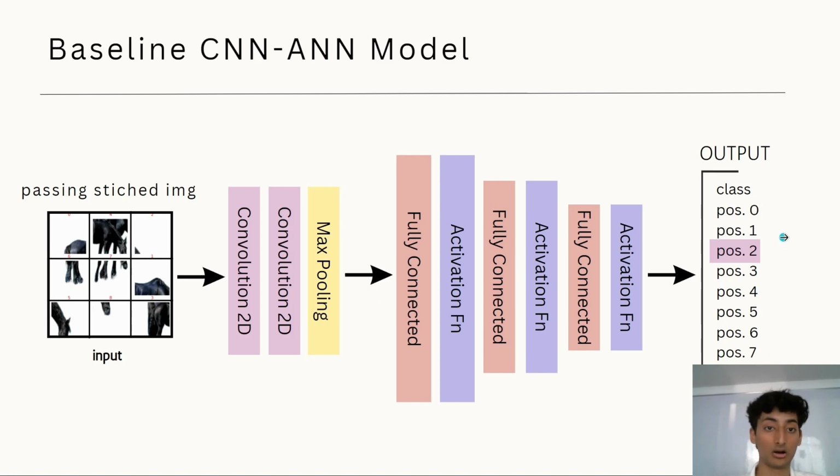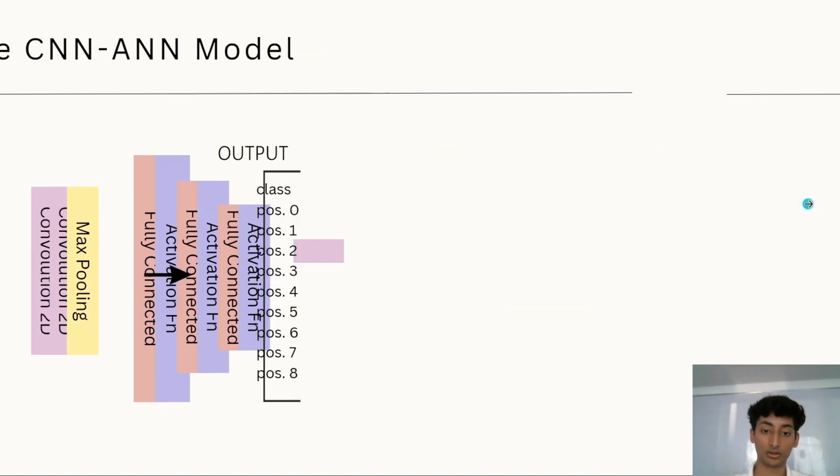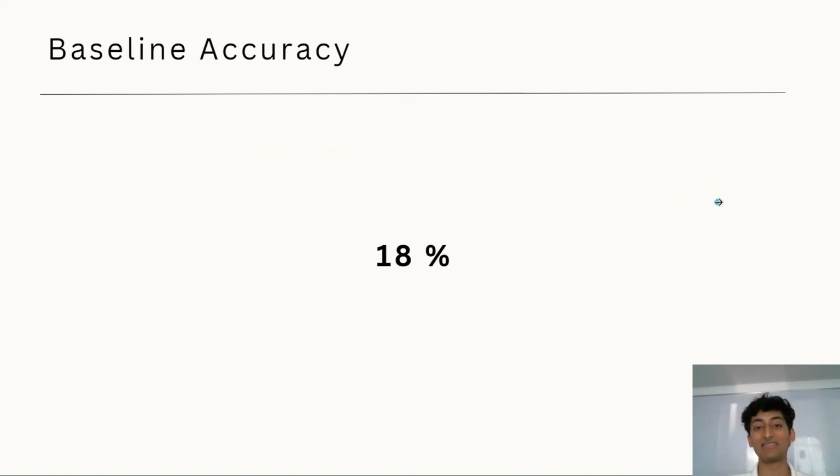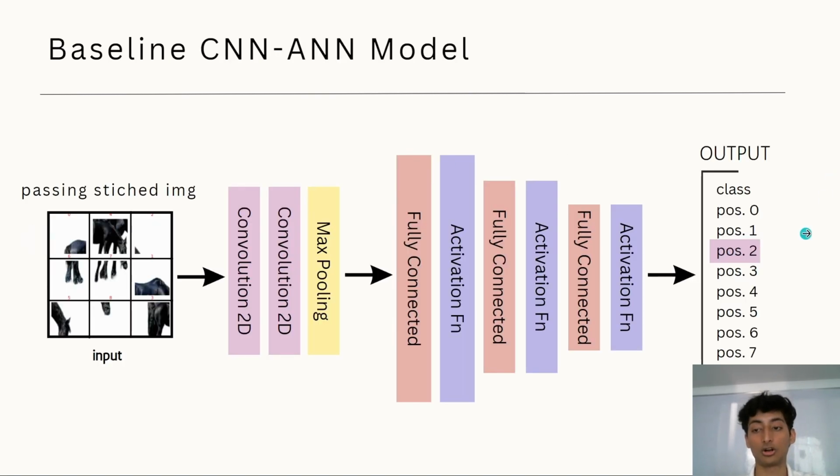This is the baseline convolutional neural network ANN approach that we did to just establish whether it is possible that a bare bone model is able to solve a task which people have been struggling with for a lot of years. So the baseline accuracy that we actually obtained was 18. So 18 is per piece accuracy on the test set that we have, which is actually very low. And it's evident because, like I mentioned, a normal cross entropy loss is not suitable because it's a very harsh loss and is not able to capture everything that we want our model to learn.